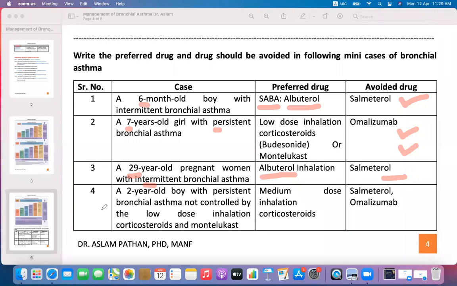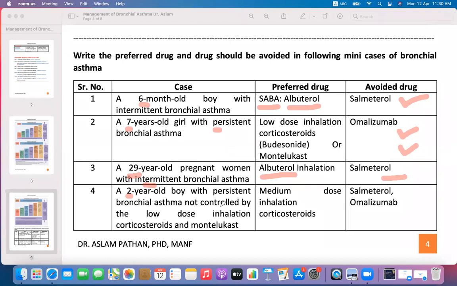Next case, a 2-year-old boy with persistent bronchial asthma, not controlled by low dose inhalational corticosteroid and montelukast. As per the treatment protocol, this is the step 2 drug for persistent bronchial asthma.